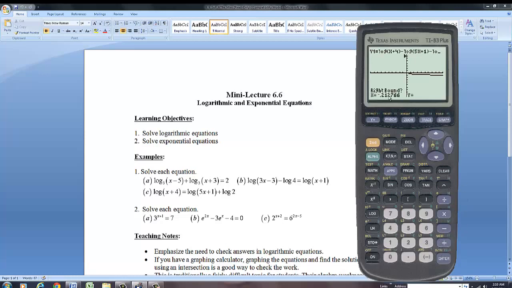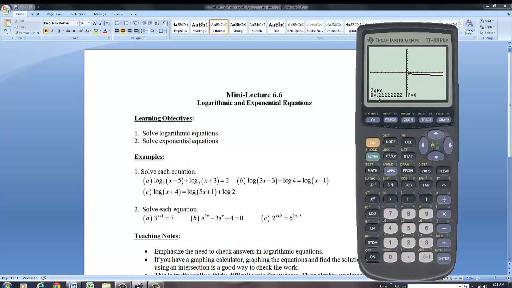And then now it says right bound, so we want it on past that. So hit it again and then hit enter. And then for the guess, you can just ignore that and just hit enter. And this tells me that the answer is 0.222 and so on.